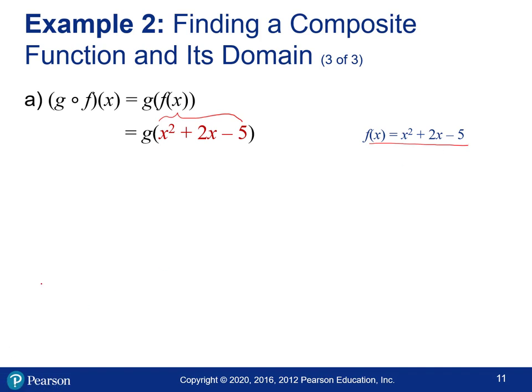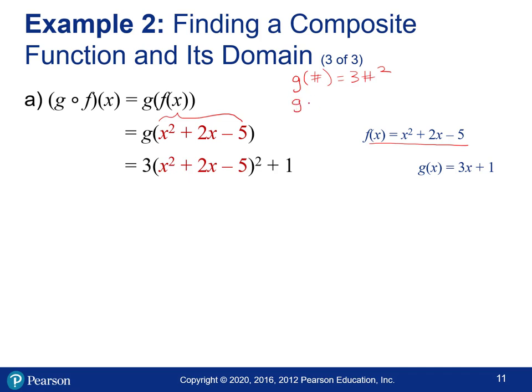Then think about what this says. This says g of something. Doesn't matter what the something is, it's going to get plugged into the function exactly where there used to be an x. For us, that whole big thing here, this trinomial, is going to go in the place of x.